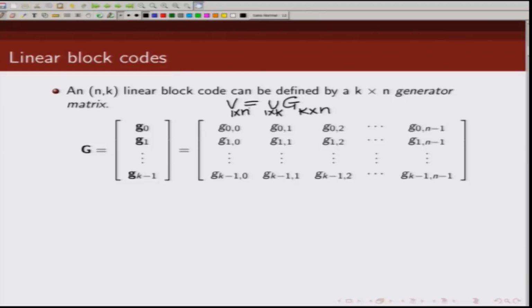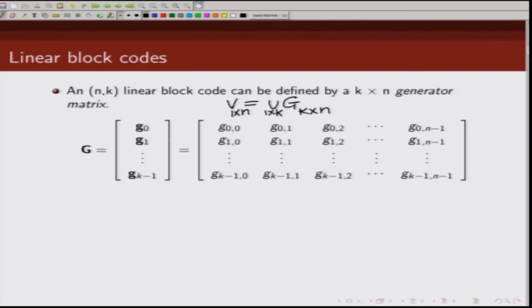So, as the name suggests, the generator matrix is used to generate our code word. We generate our code words using this generator matrix, and it gives a mapping between the information bits u to the coded bits v.